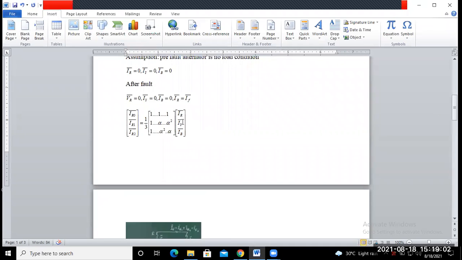Now put the values of the phase currents IR, IY, IB that we obtained after the fault takes place.